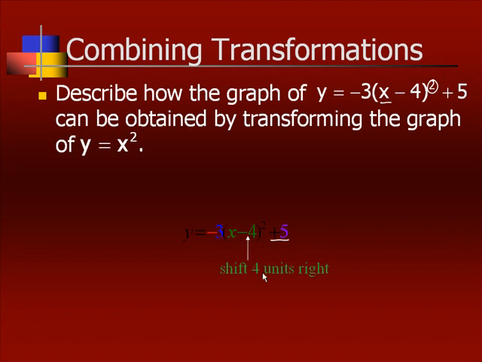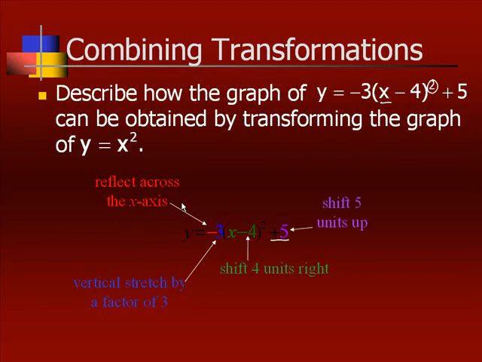The minus 4 is going to shift our graph to the right 4 places. The 3 out front is going to do a vertical stretch by a factor of 3. The negative means we're going to reflect it across the x-axis.